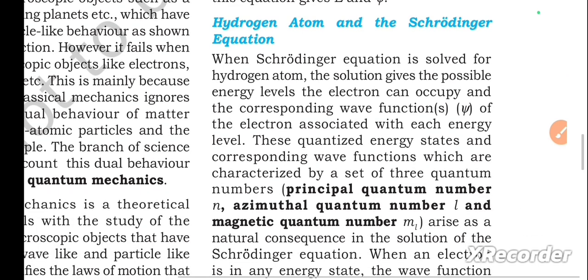When the Schrödinger equation is solved for a hydrogen atom, the solution gives the possible energy levels the electron can occupy and the corresponding wave function of the electron associated with each energy level.